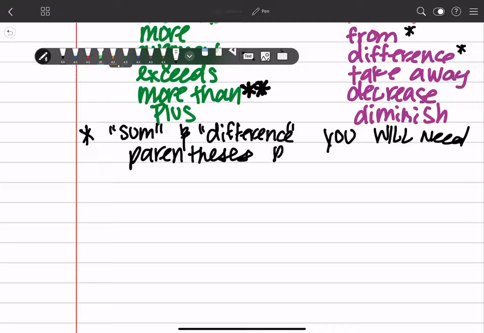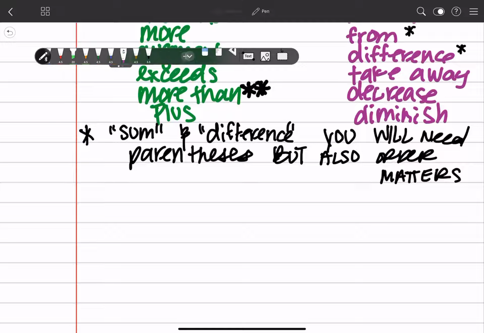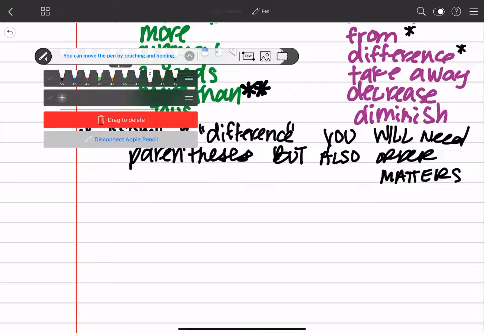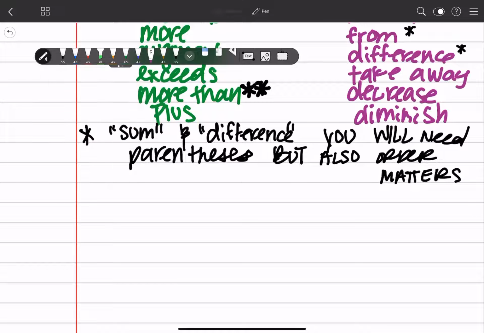But also order matters. So pretty much what that means is, say for example, I'm going to put it in a different color just so you guys can see it.